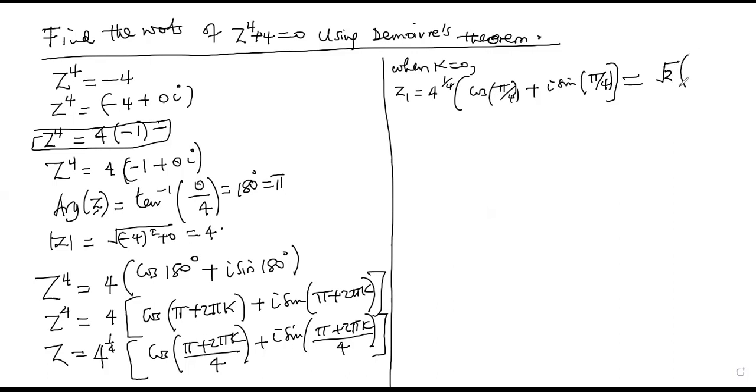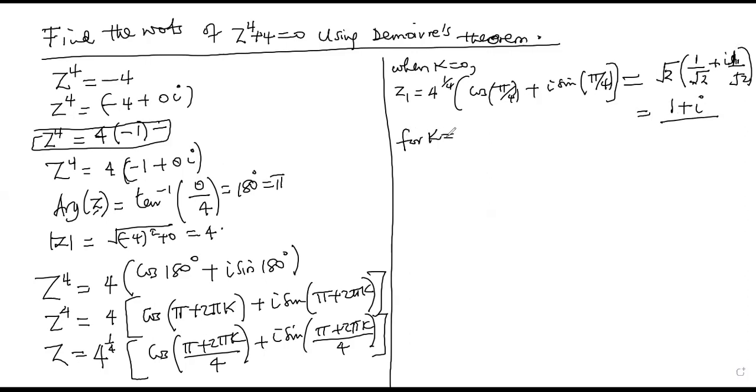So we shall have it as root 2 into cos pi over 4, which is 1 over root 2, since pi over 4 is 45, plus I sine that, which is 1 over root 2 also. So this will reduce to 1 plus I, whereby this one and this one make a 1, this one and this one make 1, but we have I that same.